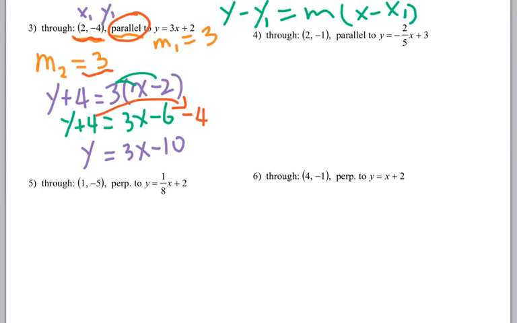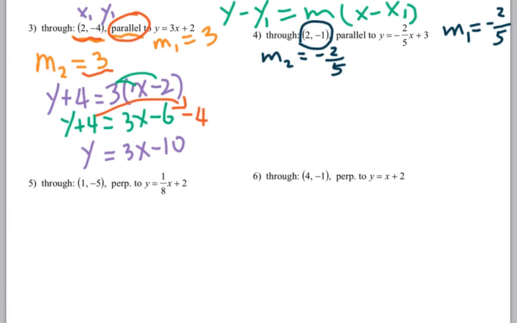One more example for parallel. We try to find a linear function passing through (2, -1), parallel to y equals negative 2 over 5x plus 3. So we are given m1 equals negative 2 over 5. Then your m2, since it's a parallel line, is equal to negative 2 over 5.